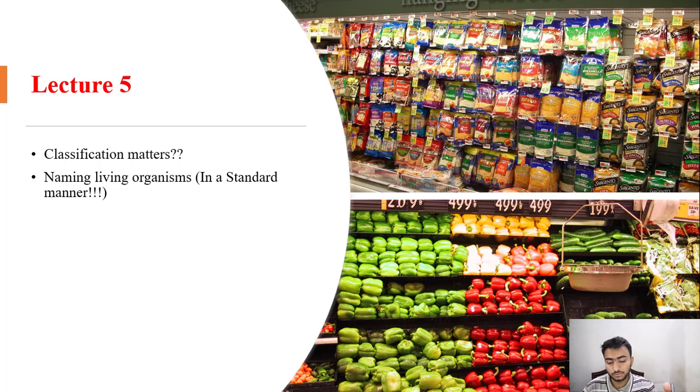Science progresses when we communicate and publish our findings. So there has to be a set standard followed in every corner of the world to name, assign a label to, or categorize a living organism. That's what we are going to study in this lecture.